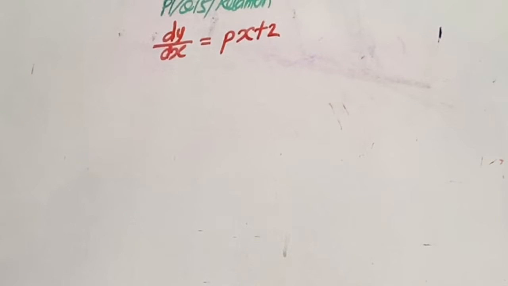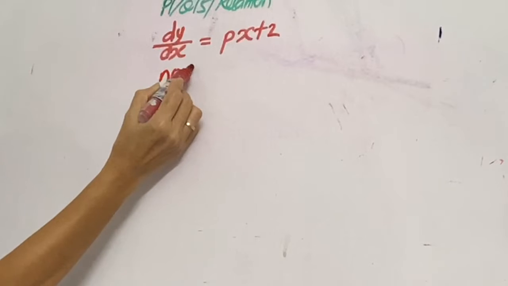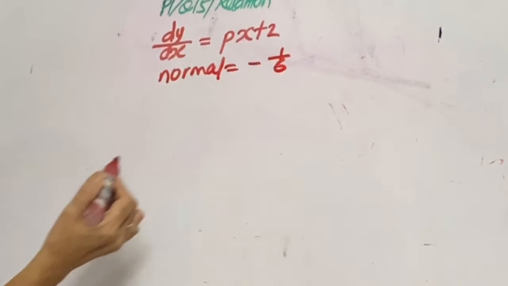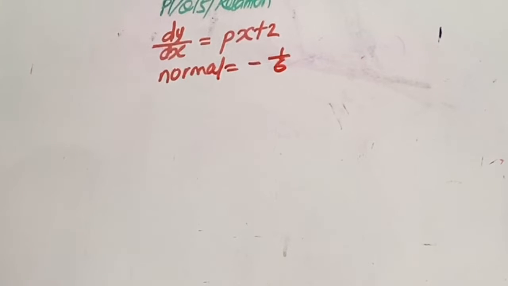And then p is a number, right? The gradient function is given, p is constant, and the normal gradient to the curve is negative 1/6. So the moment you see dy/dx and normal, you must understand there are 3 stories.